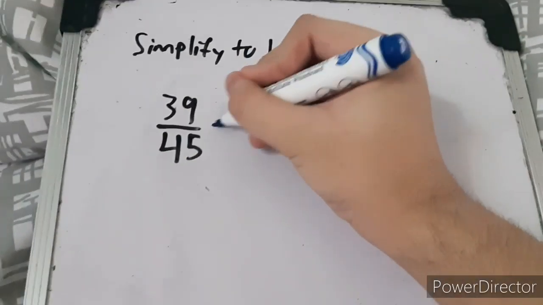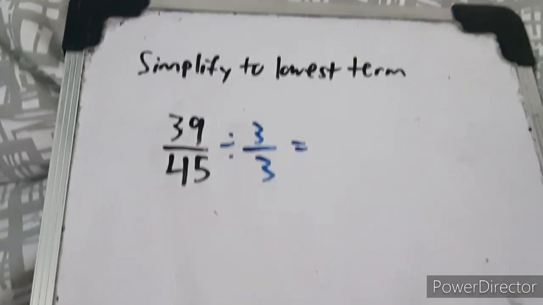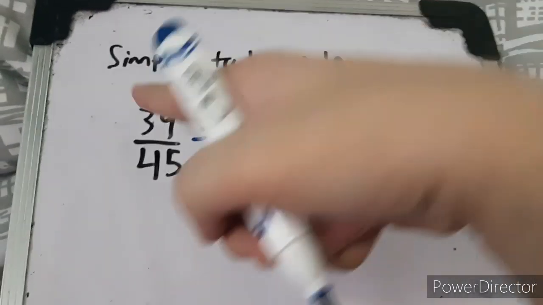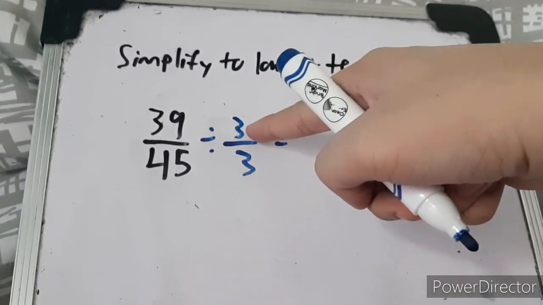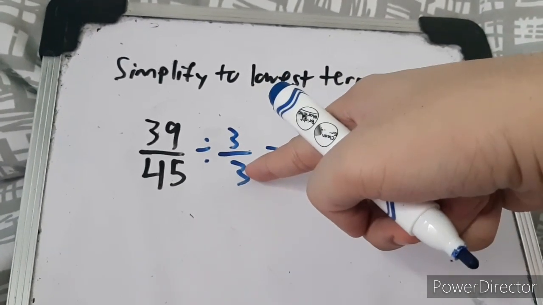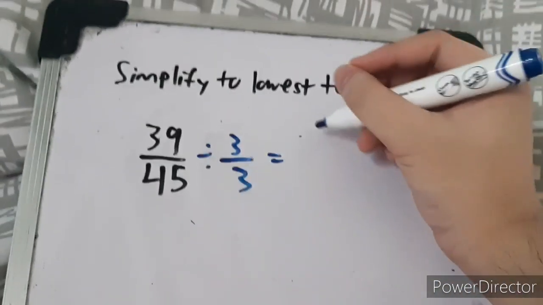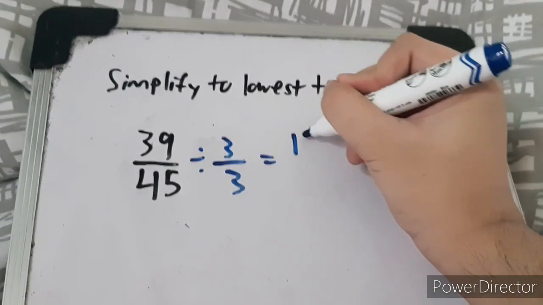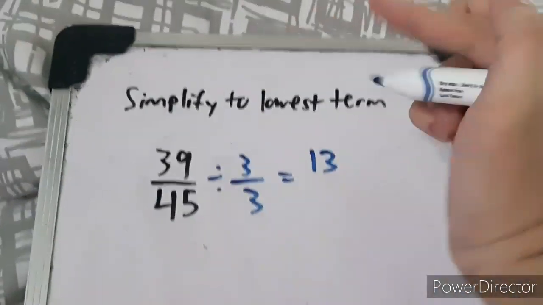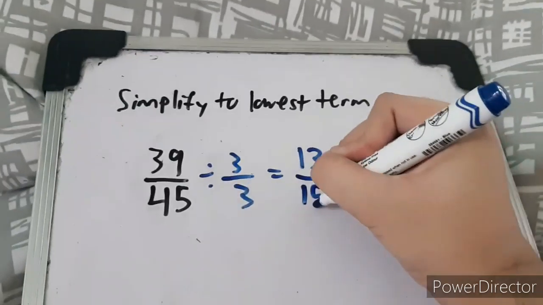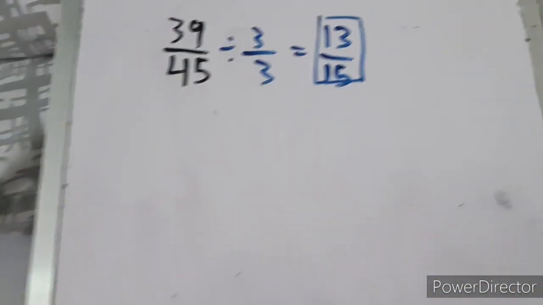So, pwede siya i-divide by 3. So, 39 over 45 divided by 3 over 3. 39 divided by 3 first is 13, and 45 divided by 3 is 15. So, ang final answer po is 13 over 15.